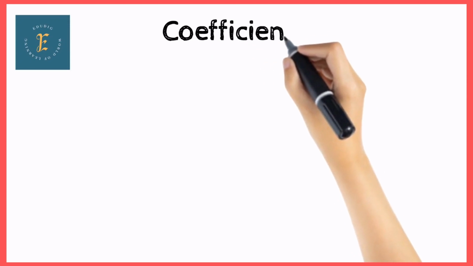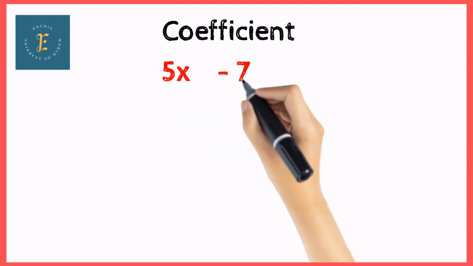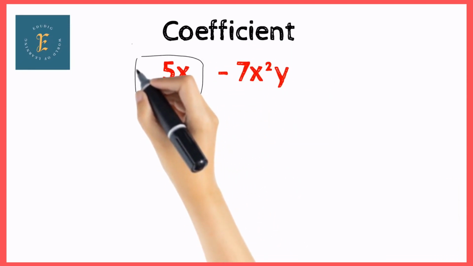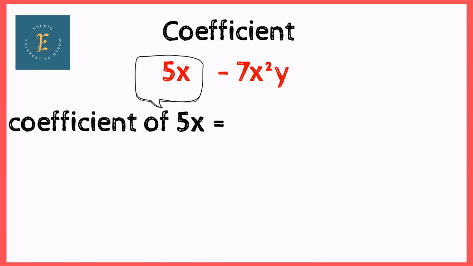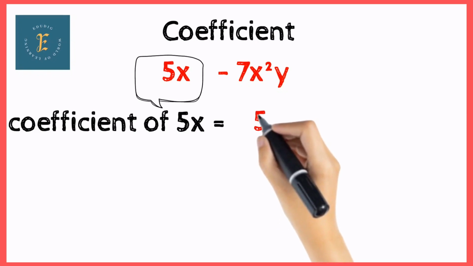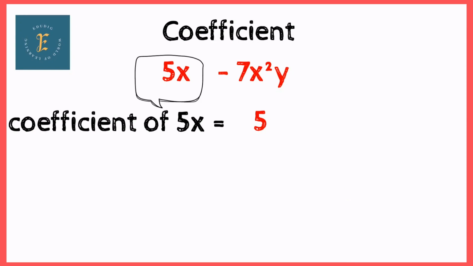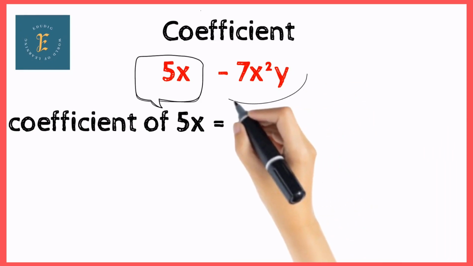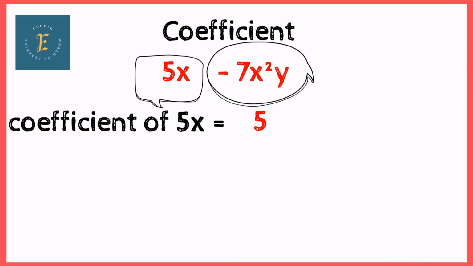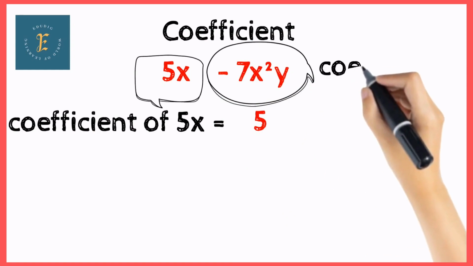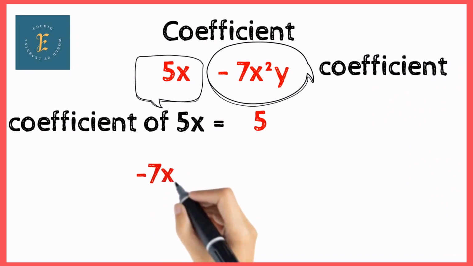Now we will see the coefficient of terms. Any factor in a term is called the coefficient of the remaining part of the term. In 5x, 5 is the factor of 5x, and this is your numerical value. So the coefficient of 5x is equal to 5. In the other term, minus 7x square y, the factor of this term is minus 7, multiplied by x square y.